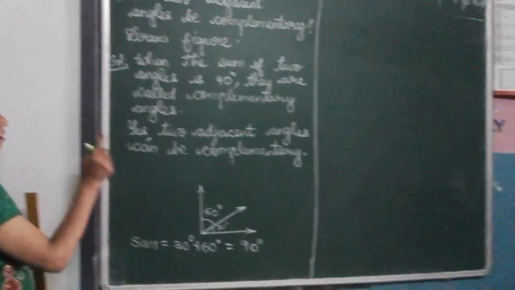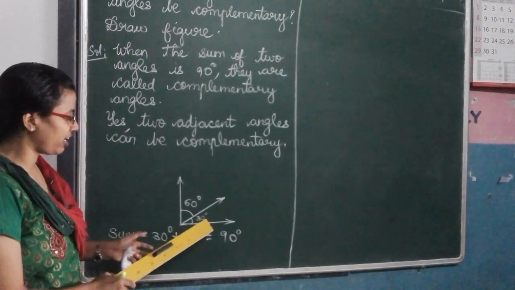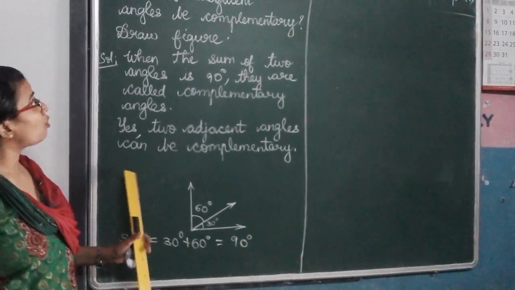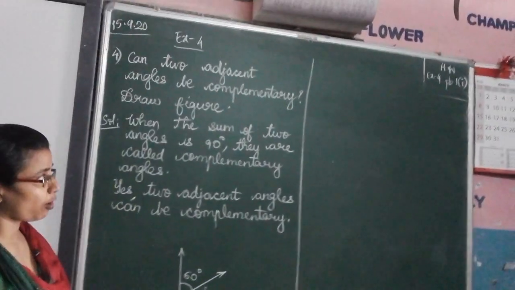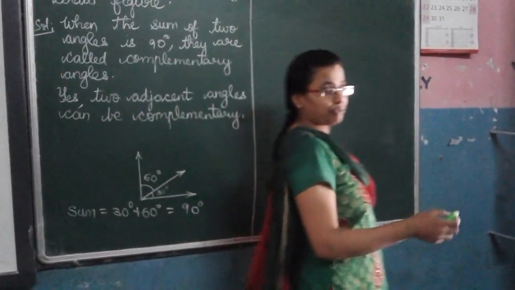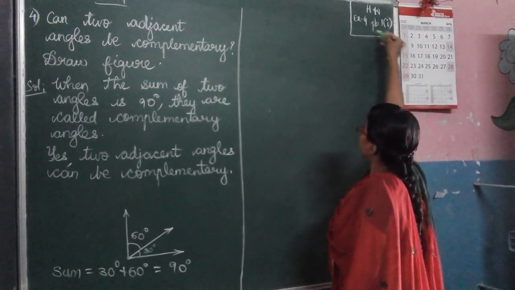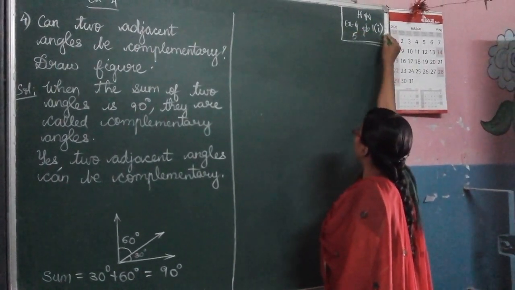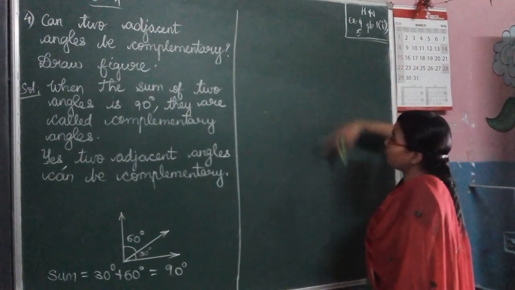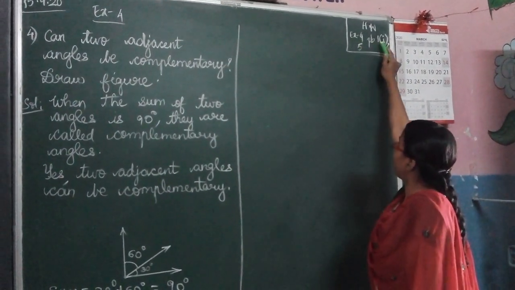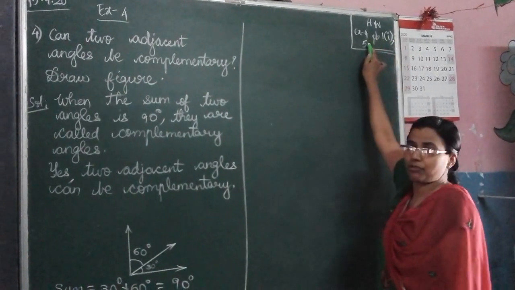So they form a pair of complementary angles, adjacent angles as well as complementary angles. So with this, the fourth problem is finished, and the fifth problem is: in your daily life, what are the adjacent angles? You need to write 5 examples. So today's homework is exercise 4, problem 1, first bit, and the fifth problem.